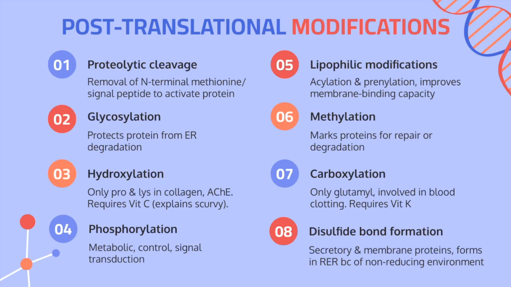So this is why a deficiency in vitamin K will cause problems in blood clotting. And finally, we have disulfide bond formation. We can find this in secretory and membrane proteins, and this bond is mostly formed in the rough ER because of the non-reducing environment of the rough ER.